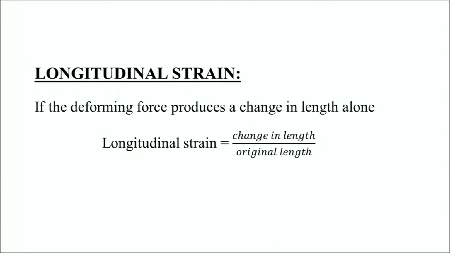Now, we will continue with the types of strain. The very first type is the longitudinal strain. Longitudinal strain deals with only a one-dimensional solid object, and it states that if the deforming force produces a change in the length alone, only the length, the breadth should be negligible.